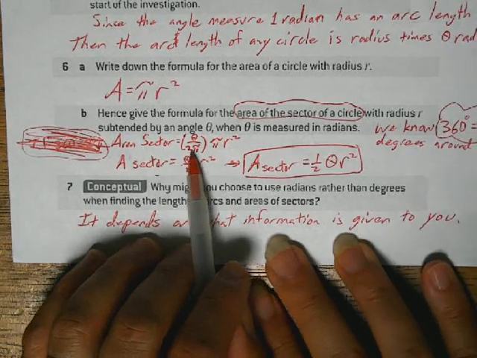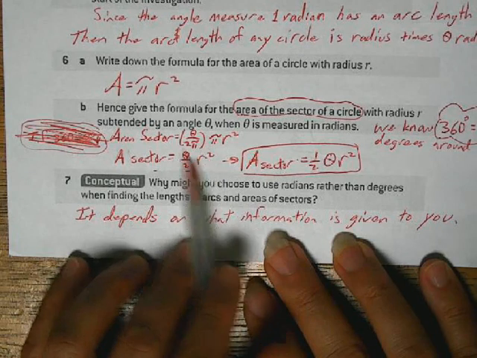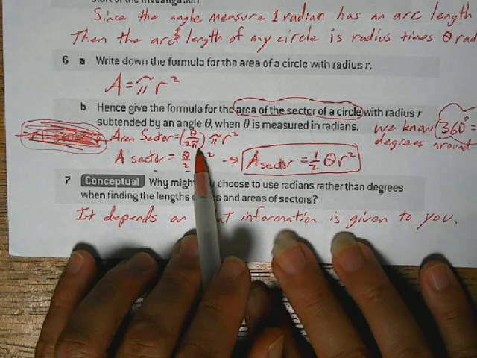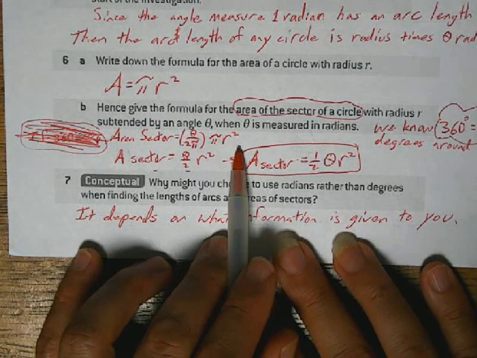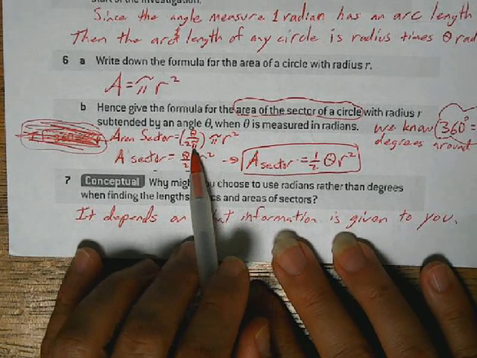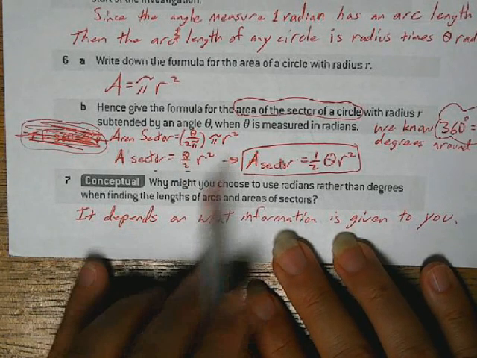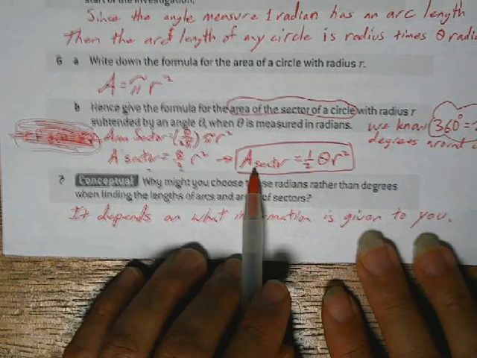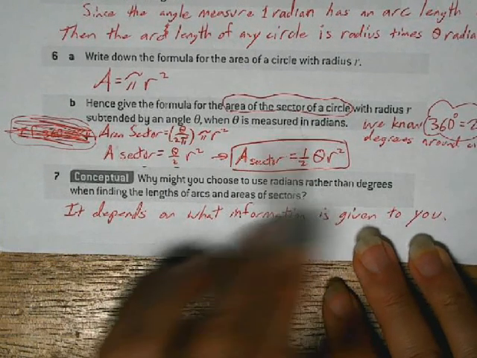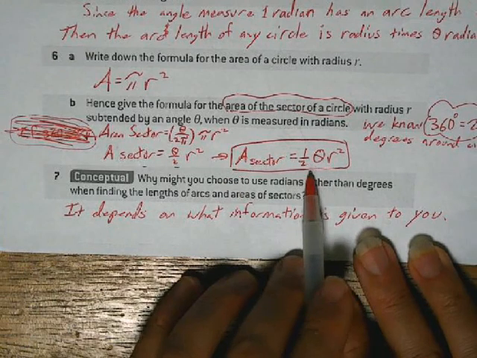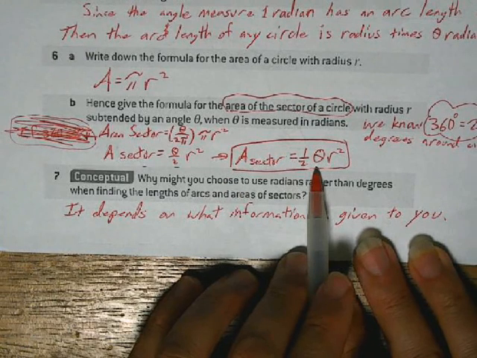To find the area, we take our fraction in radians times pi r squared. The pi and that pi cancel out, and we have theta over 2 times r squared. That gets us the area of a sector formula when theta is in radians.